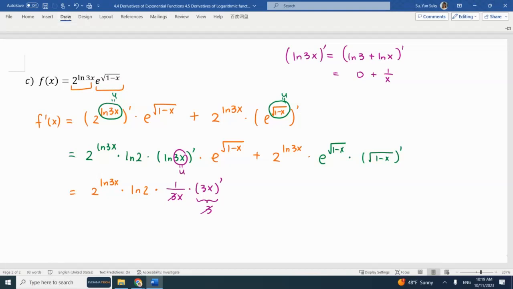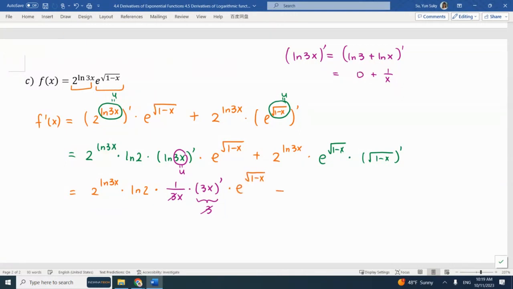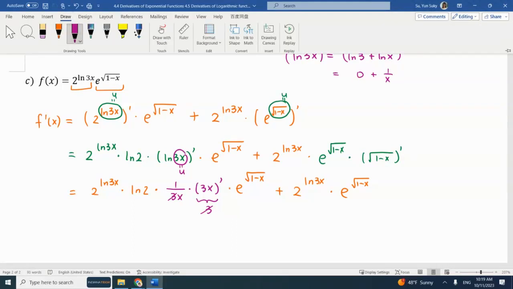Okay, keep going. So we have e to the square root of 1 minus x, and then plus 2 ln 3x. We just copy it. Okay, this guy, we have the square root of 1 minus x. See, this is not exactly the power function, right?